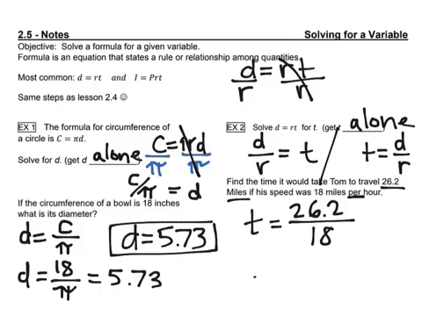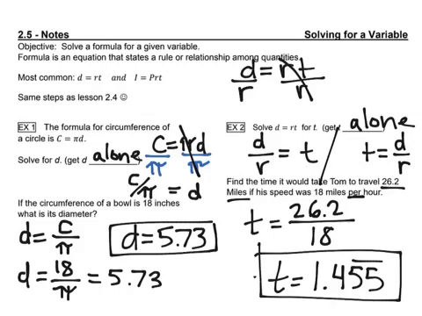So 26.2 divided by 18 is t equals 1.455 repeating. I could have rounded that to 1.46, but that is how long it would take him to do this marathon. To do this 26.2 miles would be 1.455 hours. So that would be the amount of time for that one.